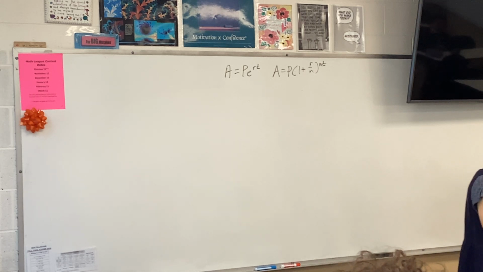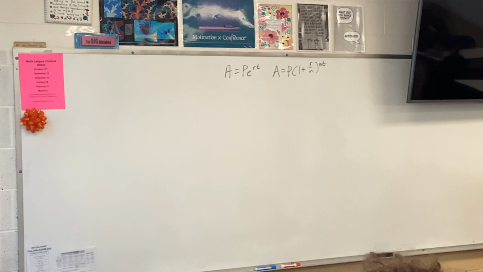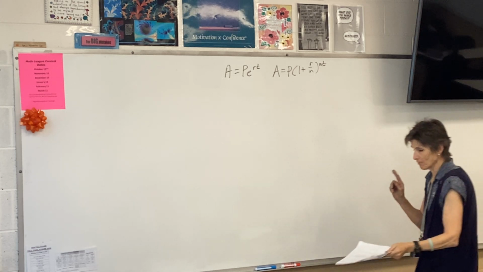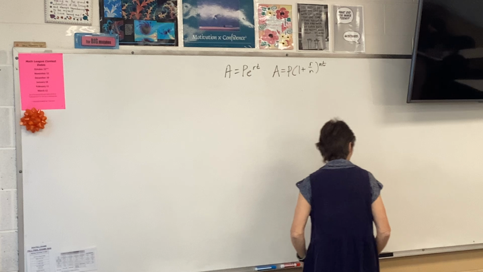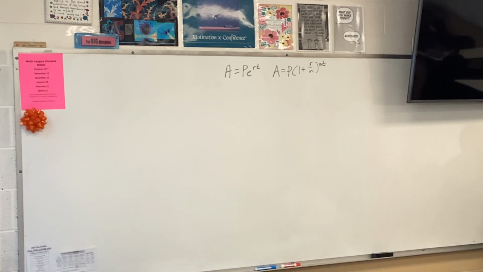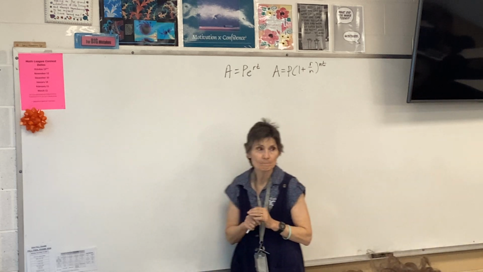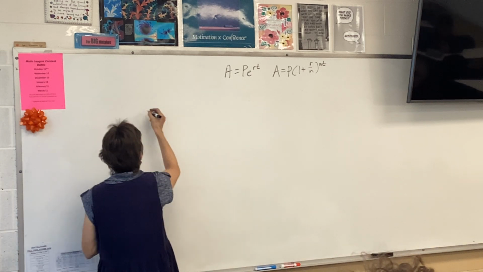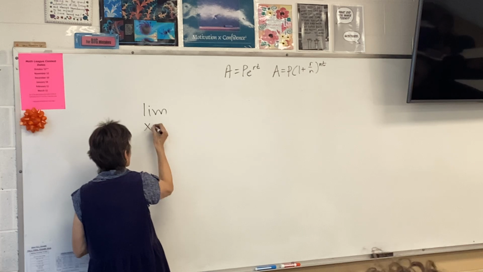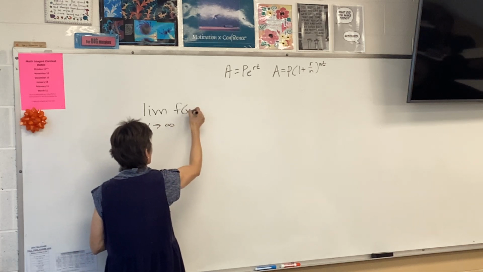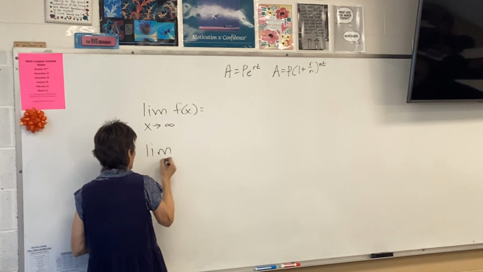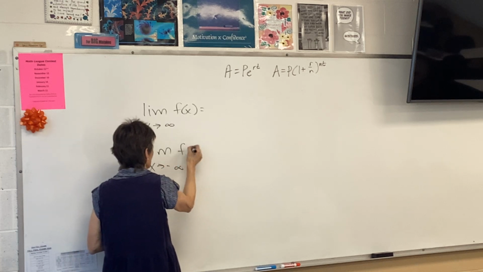Okay, so let's look at example 1. Write limit statements for the end behavior of the following logarithmic functions. Now, this is the first thing that's going to be different, because what are we used to doing when we do end behavior for functions? We're used to writing the limit as x approaches infinity and the limit as x approaches negative infinity.